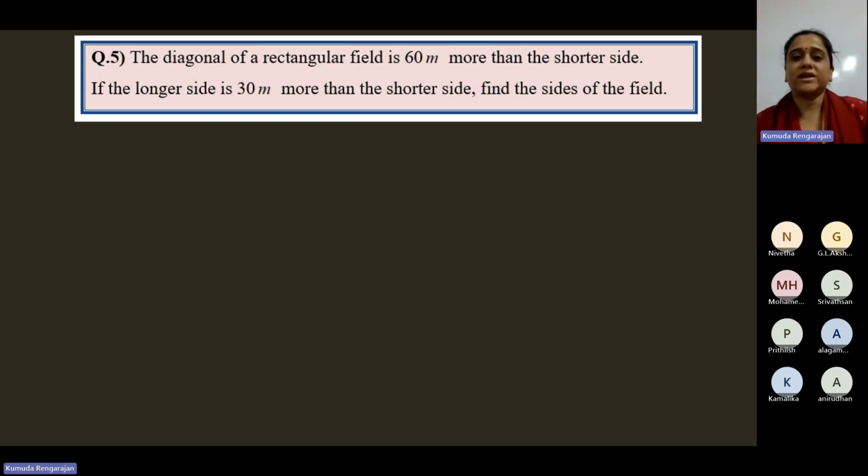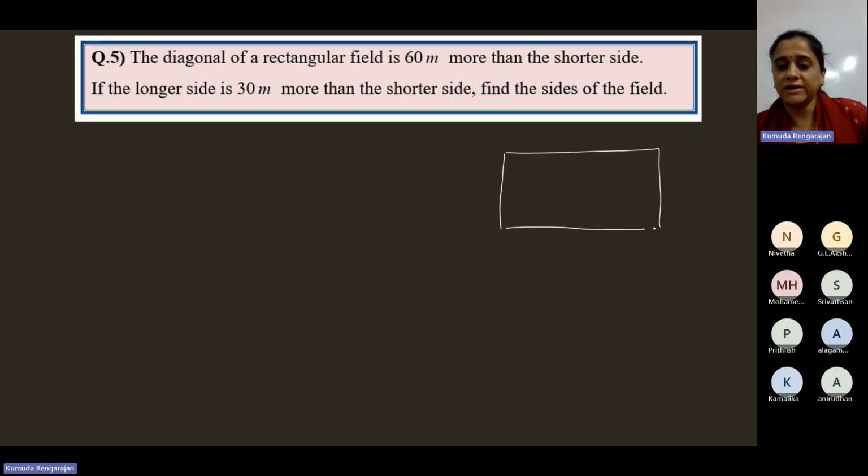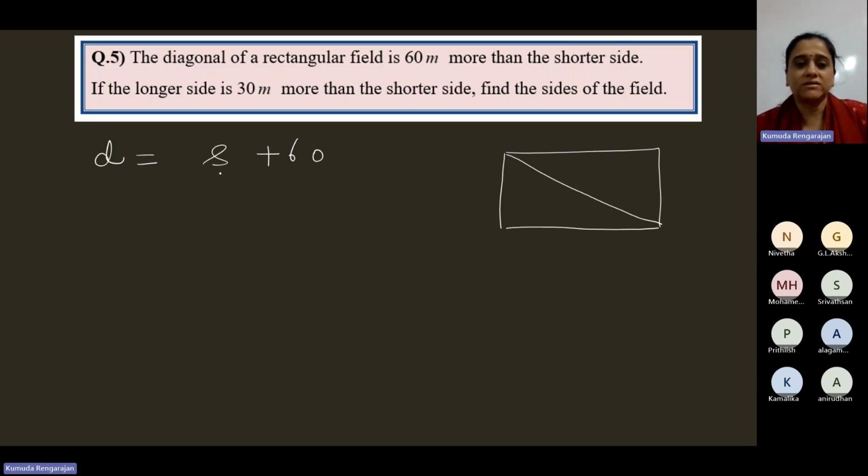The diagonal of a rectangular field is 60 meters more than the shorter side. Rectangular field. Okay, diagonal. The diagonal of a rectangular field, let me call it D, is equal to 60 meters more than the shorter side.